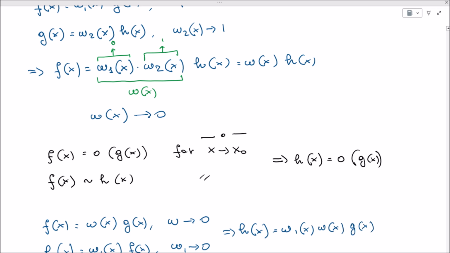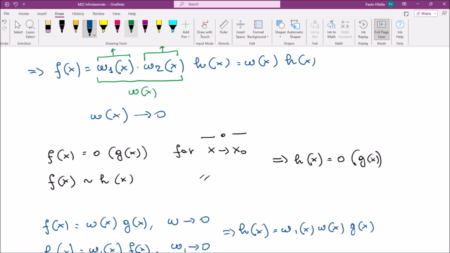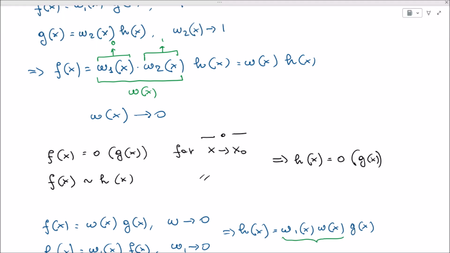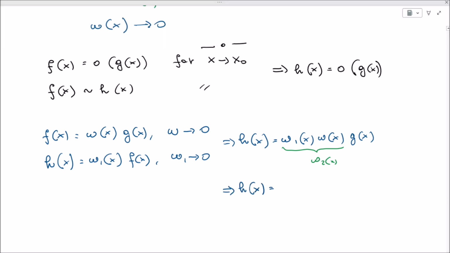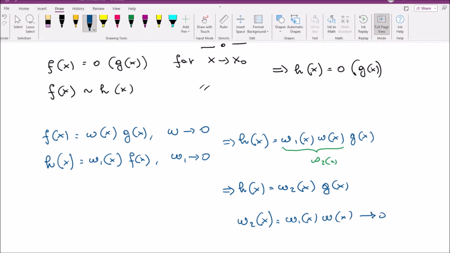And if we call this omega 2 of x, we can say that h of x is equal to omega 2 of x g of x, with omega 2 of x being omega 1 of x times omega of x, and this is clearly something that will tend to 0. Why? Because we know that omega tends to 0.